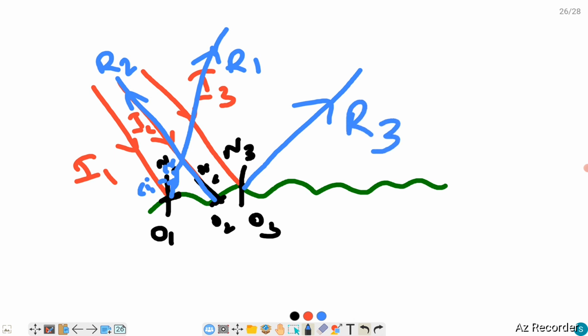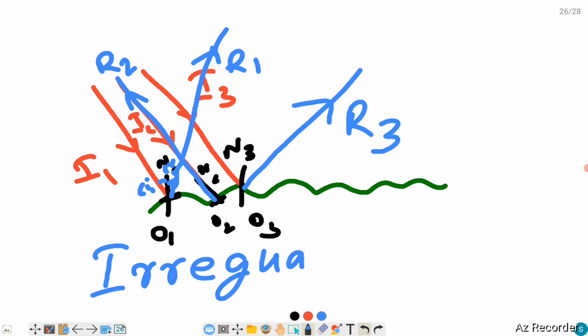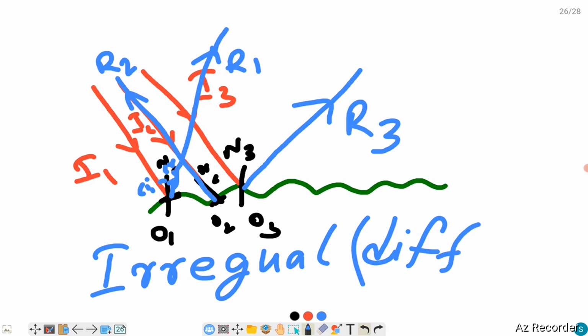Now observe R1, R2, R3, how they are. Are they parallel? No, they are moving in different directions. Correct. This type of reflection is called irregular or diffused reflection. Understood?